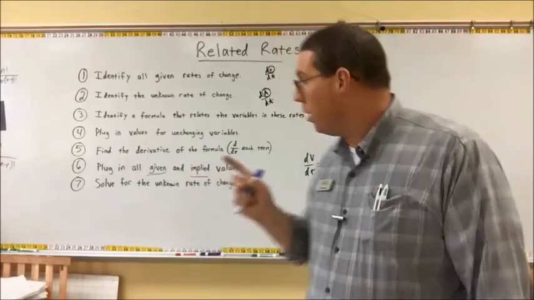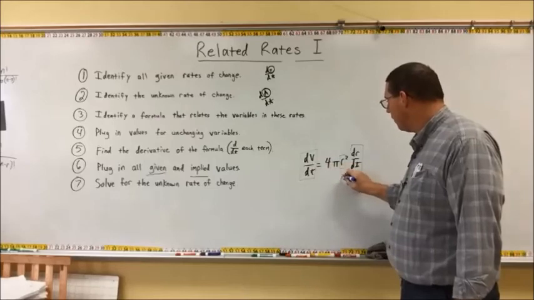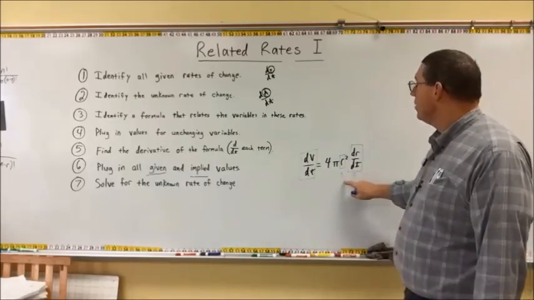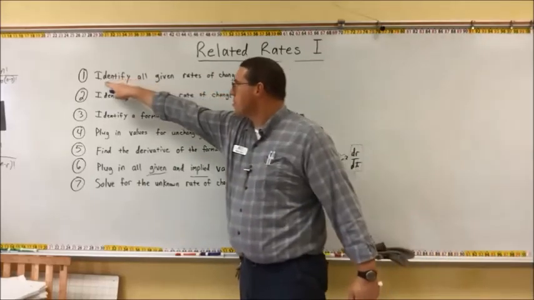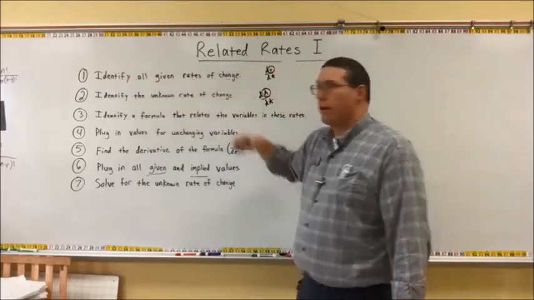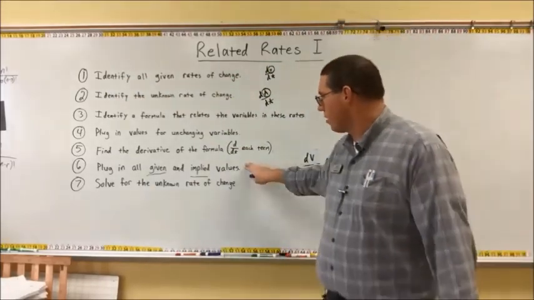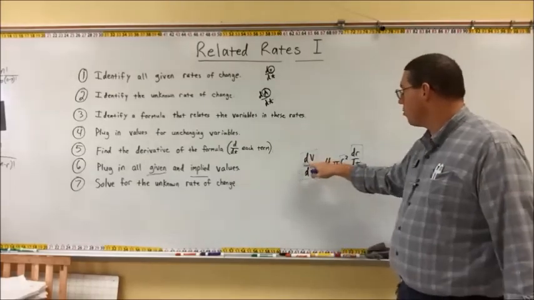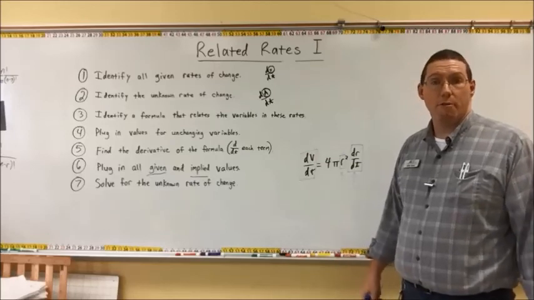In order to find the rate of change in volume, we would have to plug in for the radius and plug in for the rate of change in radius. Typically, the rate of change that you're plugging in for comes from step 1, one of the given rates of change. That usually gets plugged into step 6 of the problem. And then in step 7, all you do is solve for the one thing that you didn't plug in for. And then you have your answer.